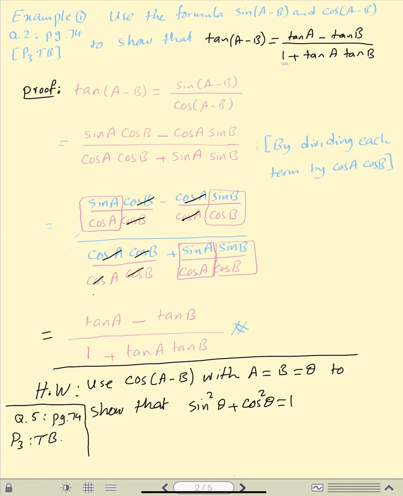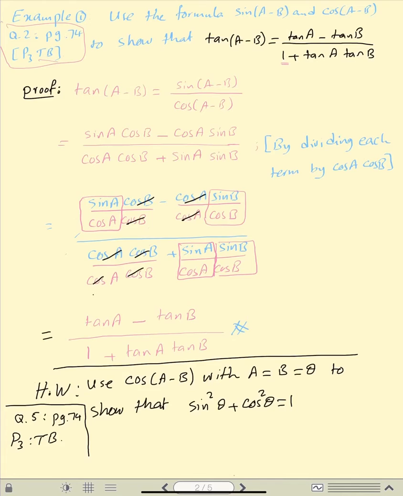If some of you have P3 books, I wrote here the number of the question if you have the book. So the first example we'll start with is question 2, page 74 in the P3 textbook.